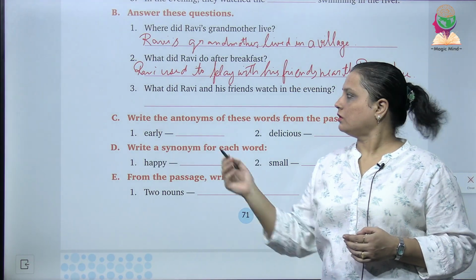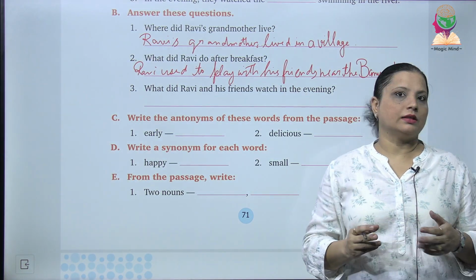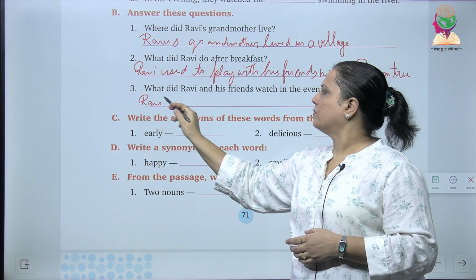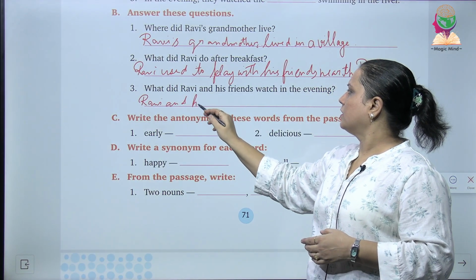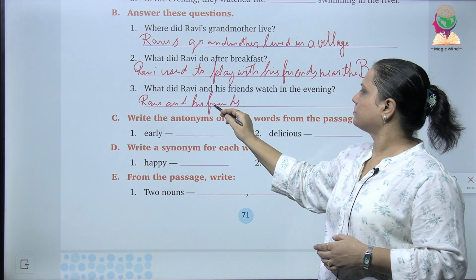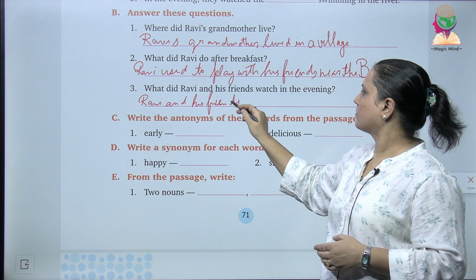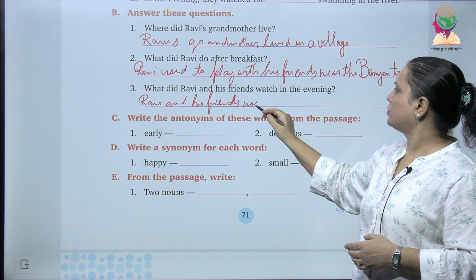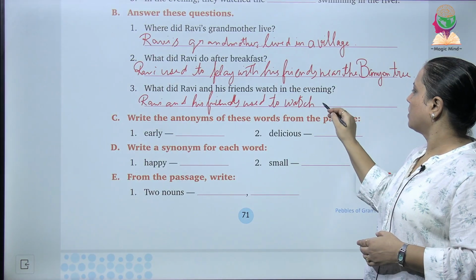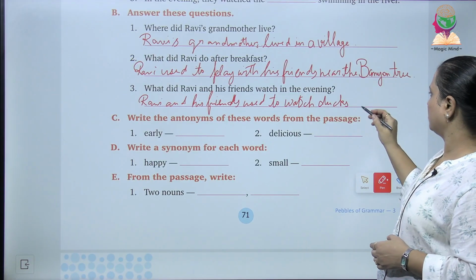Now the third question, what did Ravi and his friends watch in the evening? Ravi और उसके friends क्या देखा करते थे? So you will write here, Ravi and his friends used to watch ducks swimming in the river.